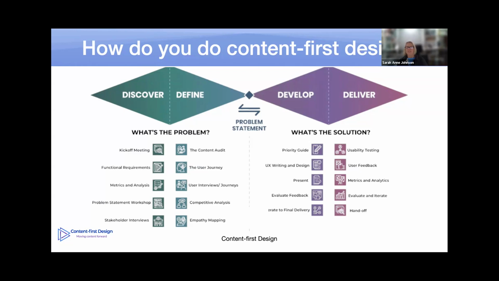And again, based on these testing and feedback and metrics, we evaluate and iterate again. And we go through basically the same process of evaluating the feedback and iterating until the final delivery, where we hand off what we think is going to be the very final version.